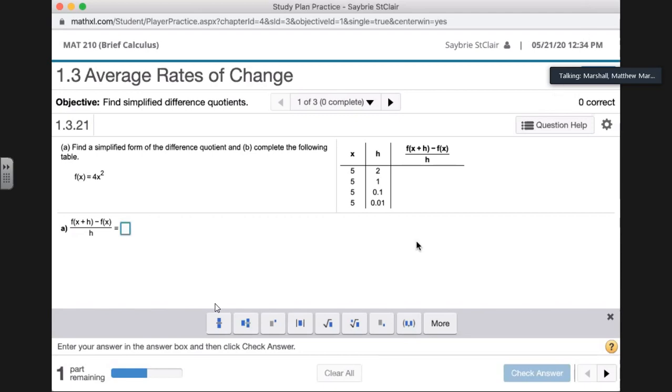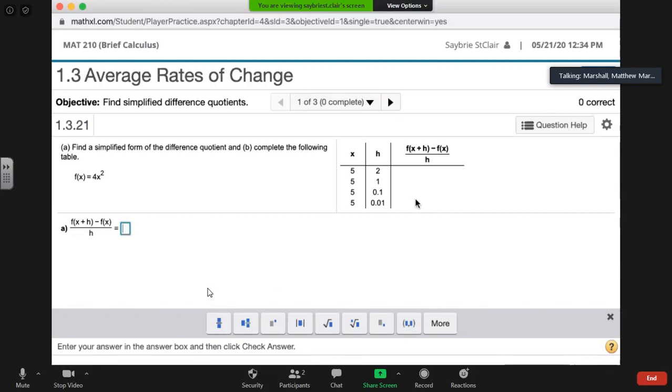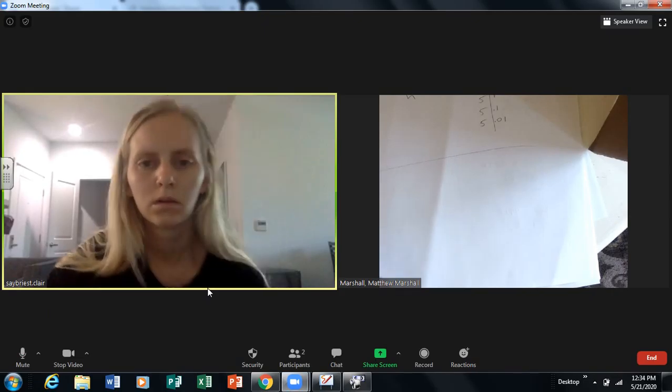And then the table is... alright, so if you want to switch views, I could show you the steps I'll be doing on this one here. There we go, that's perfect.